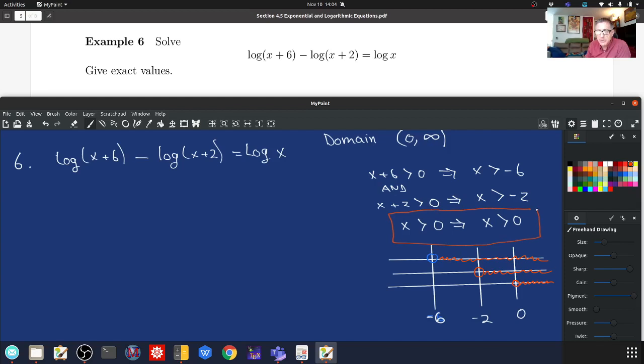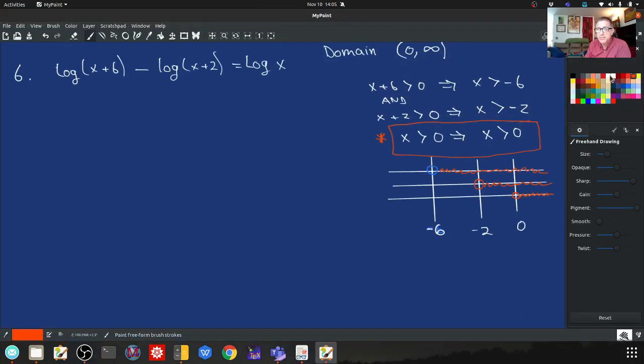If x is greater than 0, then x is also greater than minus 2, and x is also greater than minus 6. So whatever our answer is, if I get answers that are less than 0, the solutions have to be excluded. And it might very well be that there is no solution to this problem.